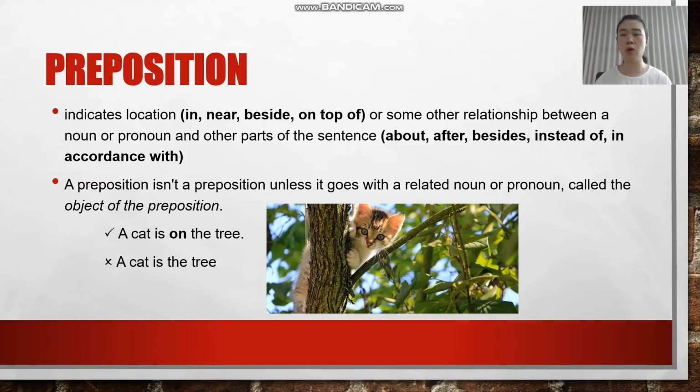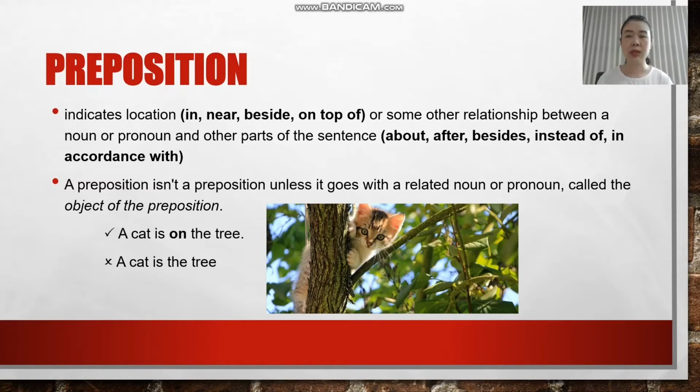A lot more than that, we can use them in order to talk about the location or the place, or some other relationship between a noun or pronoun and other parts of the sentence, like the words about, after, besides, instead of, in accordance with.